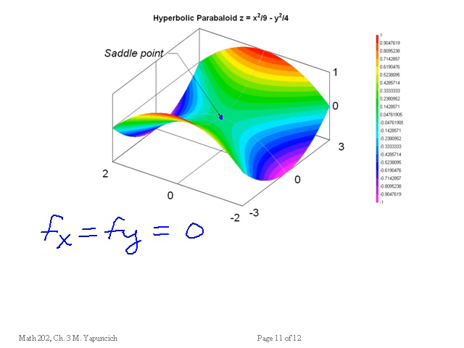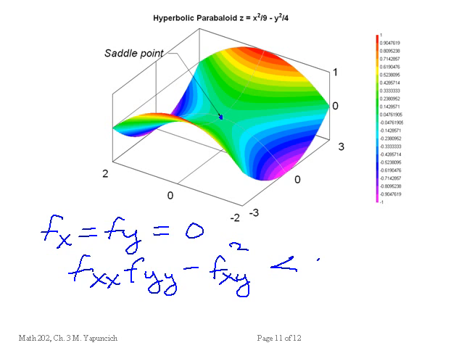And by the second derivative test, the determinant was less than 0, it was negative. This is a saddle point. If that had been positive, and the second partial with respect to x is positive as well, you would have had a minimum.